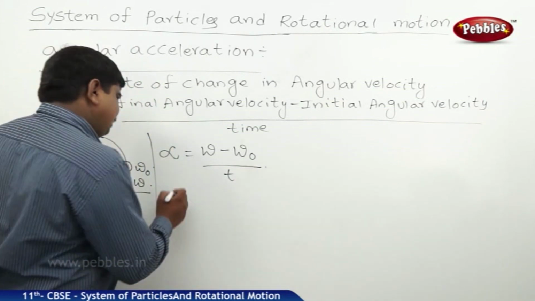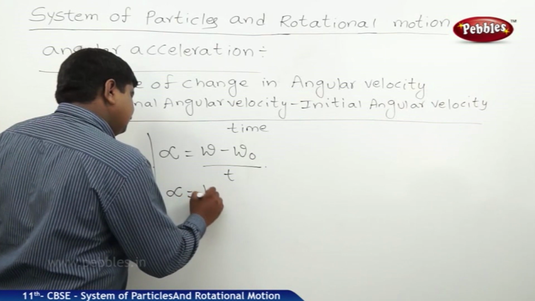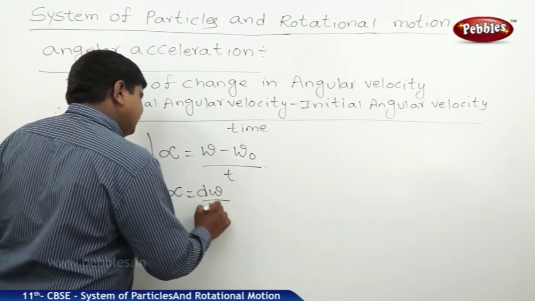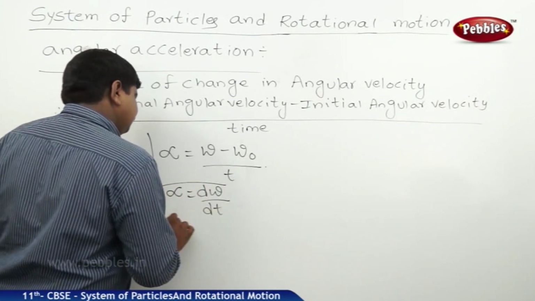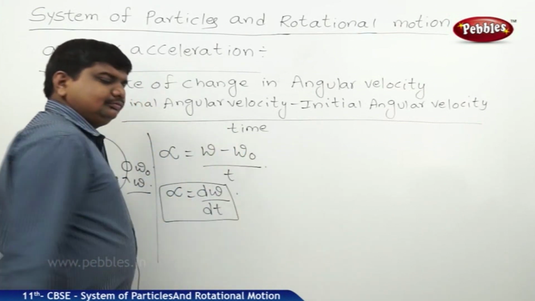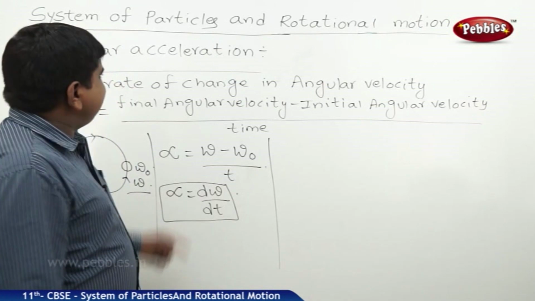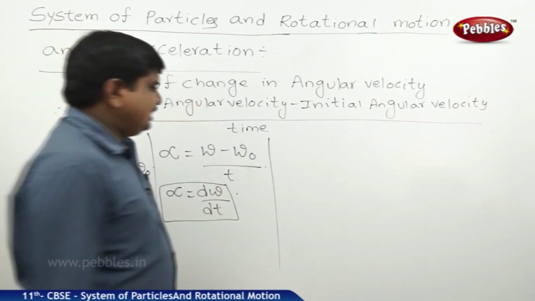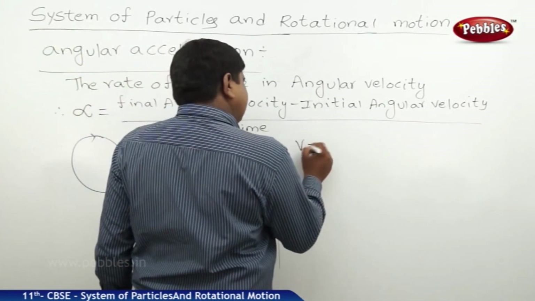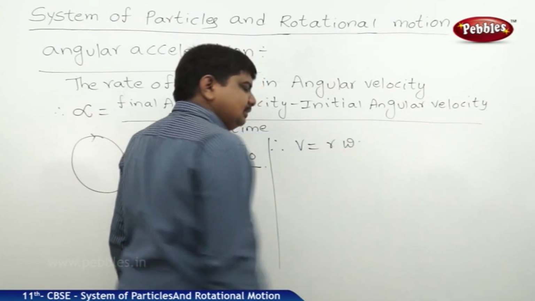So in differentiation form, we can write alpha is equal to d omega by dt also. If you want to find the relationship between angular acceleration and linear acceleration, we know that v is equal to r omega.